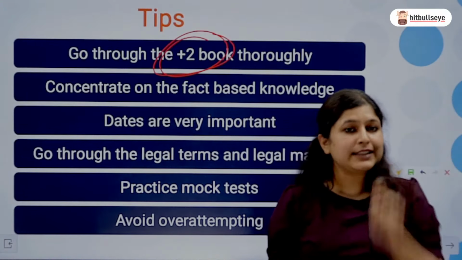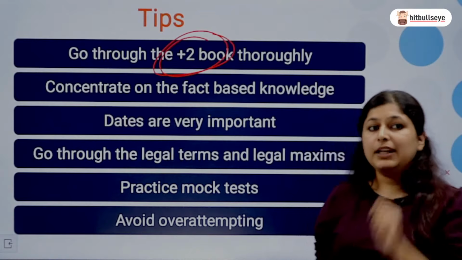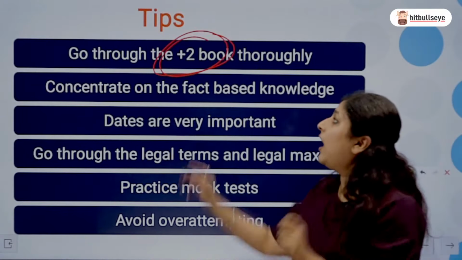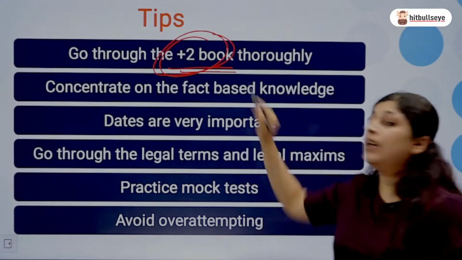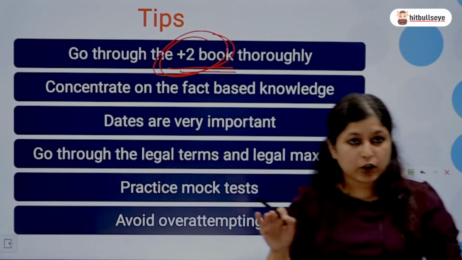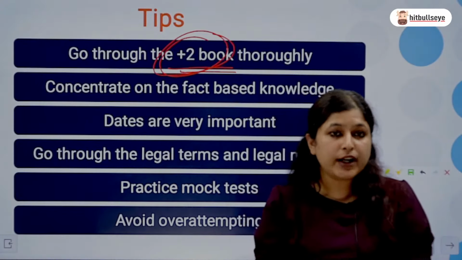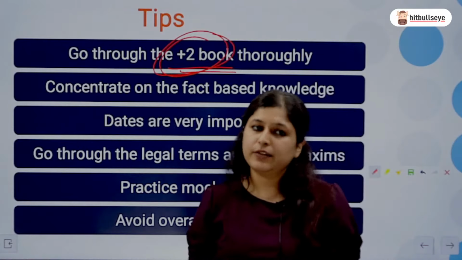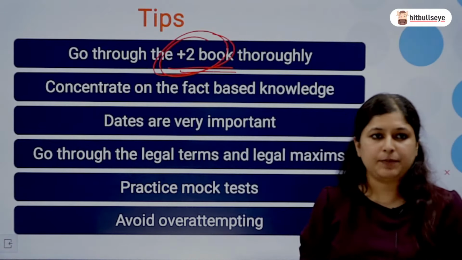The +2 NCERT book, please ensure that you are thorough with all aspects of it. Mark, highlight, write points in it, but remembering the points is very, very important in this perspective.